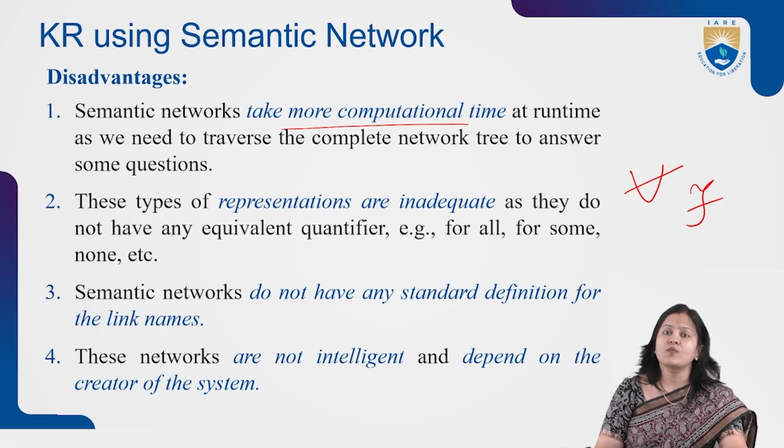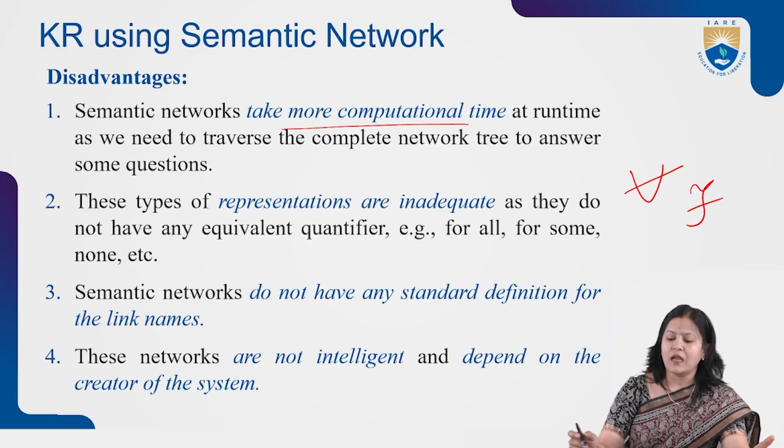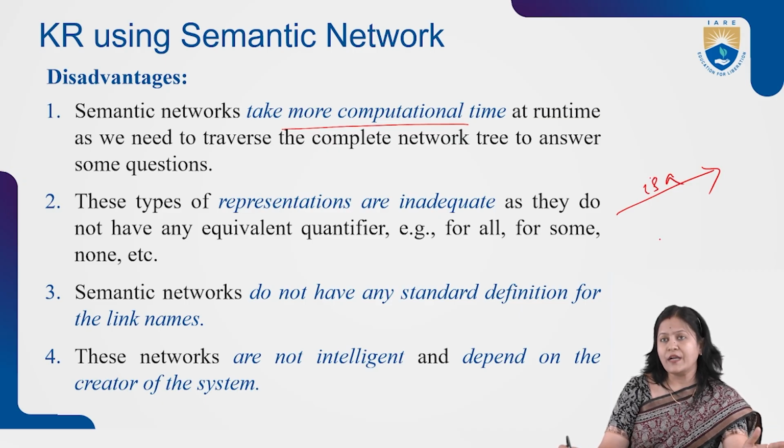And semantic networks do not have any standard definition for the link names. Whenever we represent a relation, it depends upon the sentence. Is-a and kind-of, for instance, are common ones already defined for semantic networks. But other than this, we can write color, we can write height, we can write likes, we can write anything depending upon the context of the sentence.